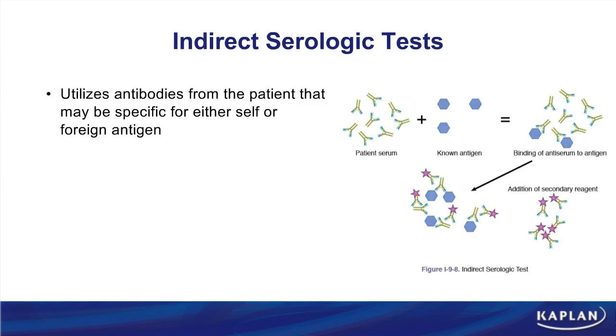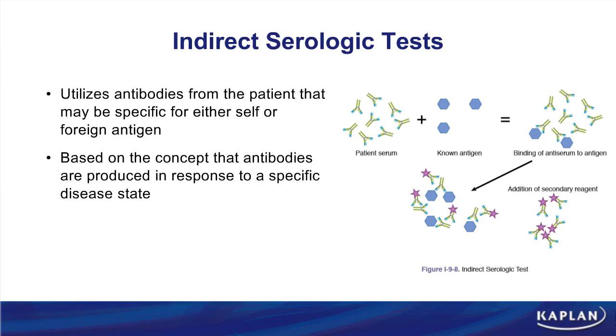Our indirect serological testing is going to assume that you know what the antigen is, and you are trying to determine if the patient has been exposed to that antigen and has produced their own antibodies in response. So if we look over here at the figure, in this case, indirect, you're trying to determine unknown antibody response.